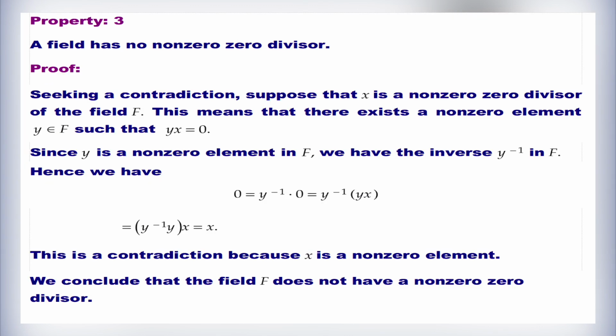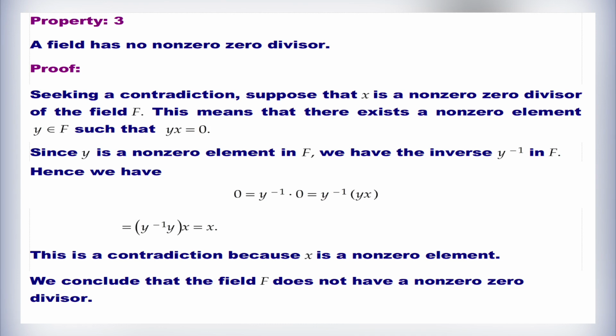Third property is, a field has no non-zero zero divisor. Proof is, seeking a contradiction, suppose that x is a non-zero zero divisor of the field F. This means that there exists a non-zero element y in F such that yx equal to 0.